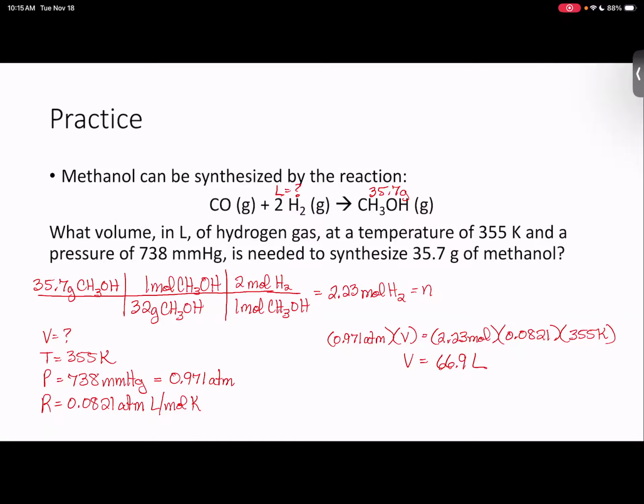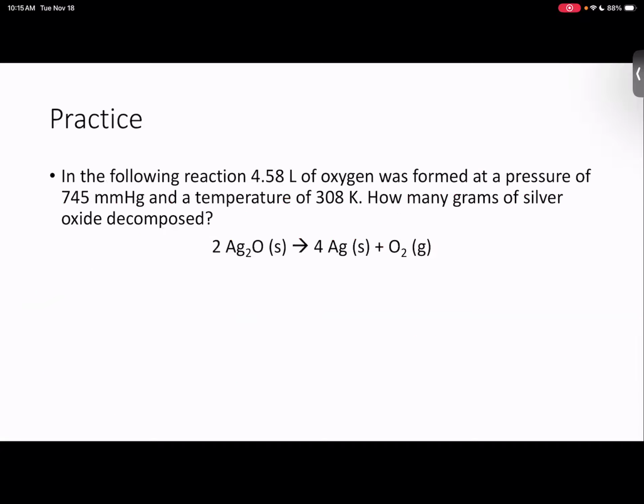Let's look at another example. In the following reaction, 4.58 liters of oxygen was formed at a pressure of 745 millimeters of mercury and a temperature of 308 Kelvin. How many grams of silver oxide decomposed?